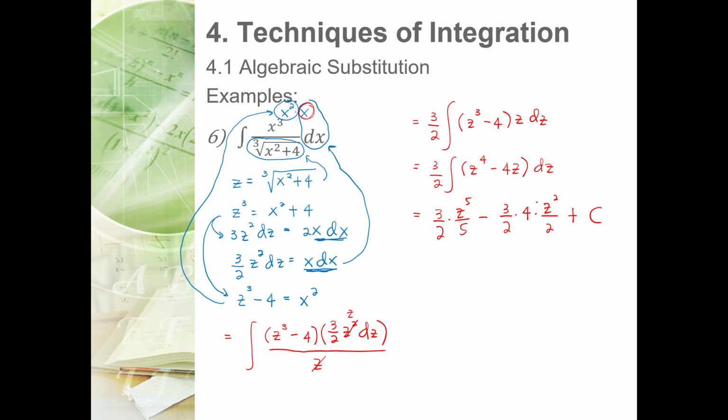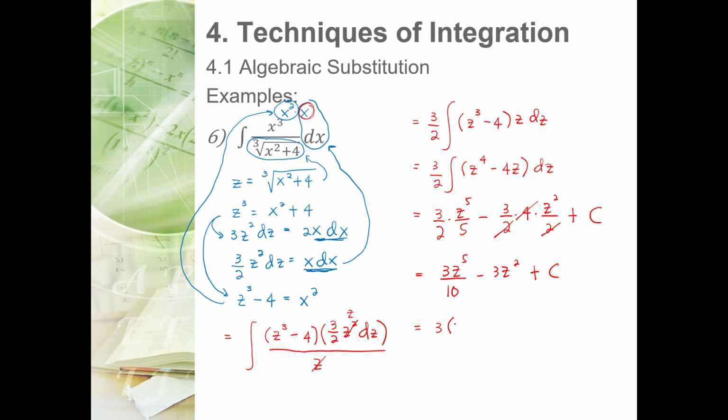So cancel out 4 because we also have 4 on the denominator, 2 times 2. So 3z to the fifth all over 10 minus 3z squared plus c.